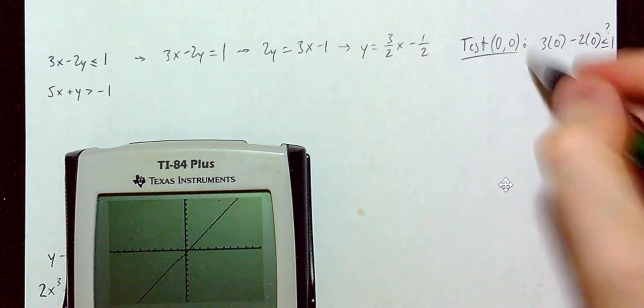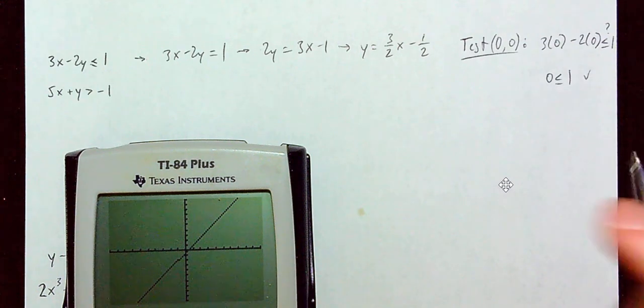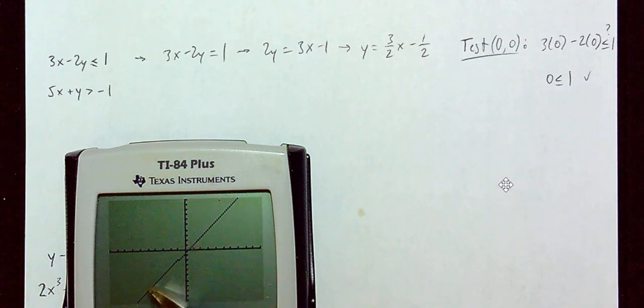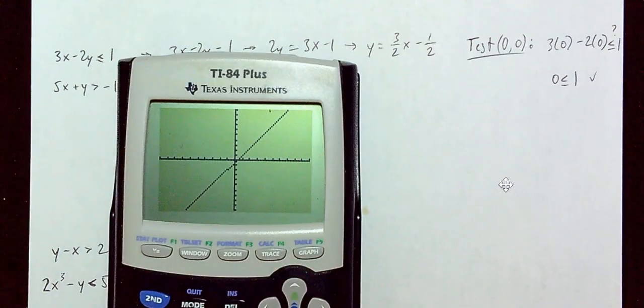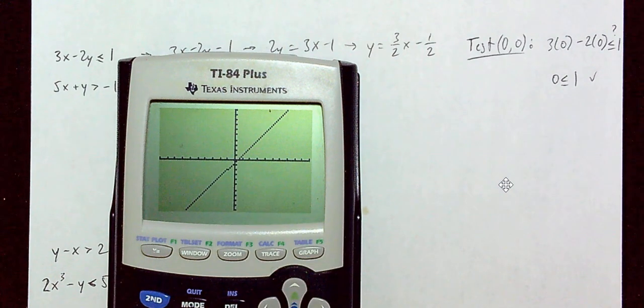Well, we get 0 minus 0. 0 is less than or equal to 1. So this point makes it true. So I know that I'm going to be shading in everything that lies above this line here. All of this area up here, I am going to shade that in.